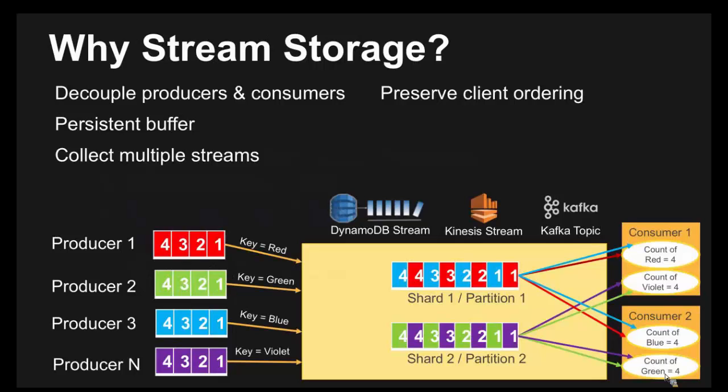And then also it can do things like min, max, if it's measurement of some temperature or pressure, etc. So that's collectively called preserving client ordering. In some forms it's also called a streaming MapReduce, but that's really what happens in a MapReduce function. So that happens for free as long as you can use the key field during a put in any of the stream storage mechanisms here.